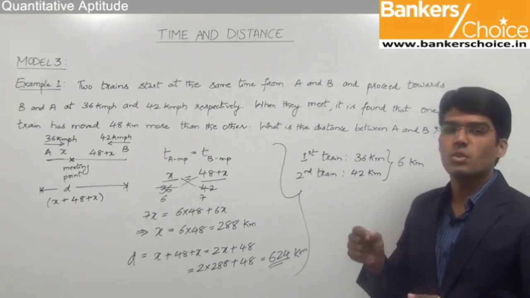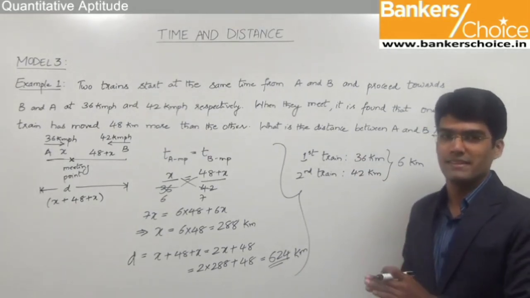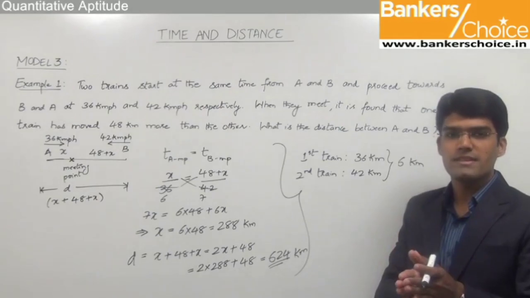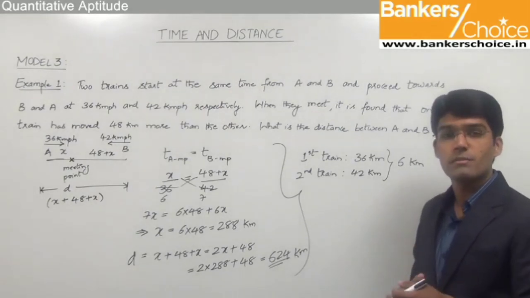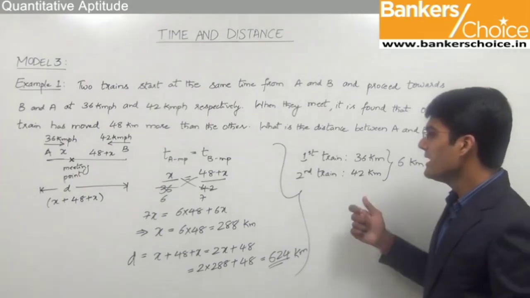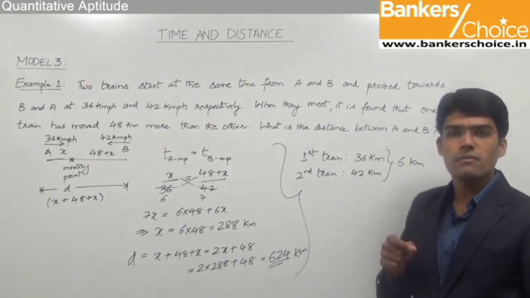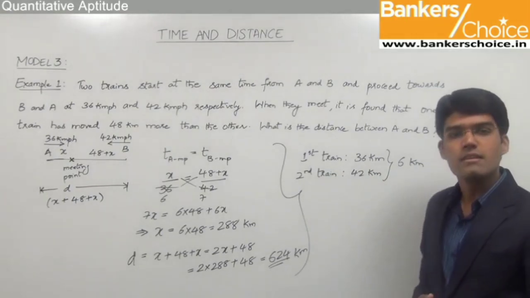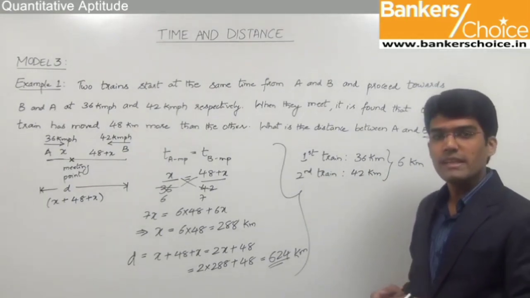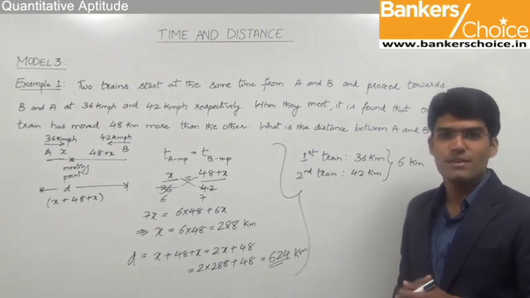The total difference will be 6 plus 6, because 6 kilometers is the first hour difference and 6 kilometers is the second hour difference. So the total difference will be 12 kilometers. Similarly, if each train travels for 3 hours, in each hour we get a difference of 6 kilometers, so the total difference will be 6 into 3, 18 kilometers, and so on. Very clearly, for every hour, the difference of their distances increases by 6 kilometers.